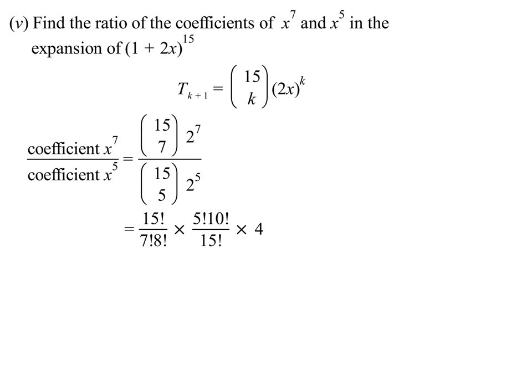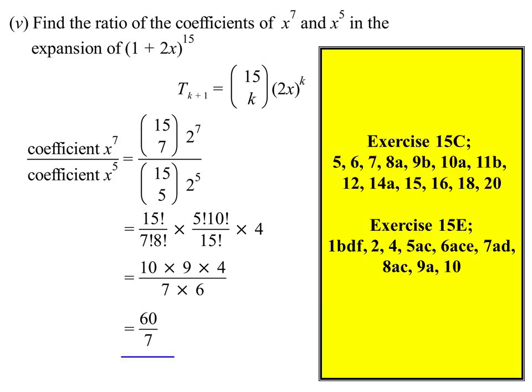That's just 4. What do we got? Well, 15 factorial is going to cancel. That's nice. The 8 factorial will go into the 10 factorial, leave me with 10 times 9. The 5 factorial will go into the 7 factorial, leave me with 7 times 6. Don't forget the times 4, that's 60 on 7. Okay, so playing with what we now call the binomial theorem.